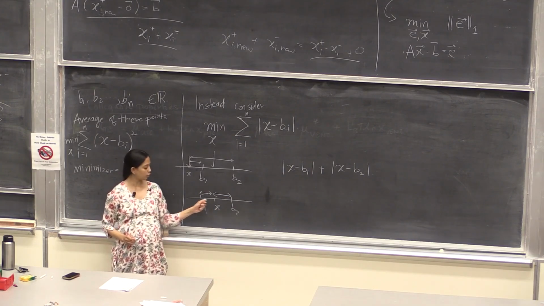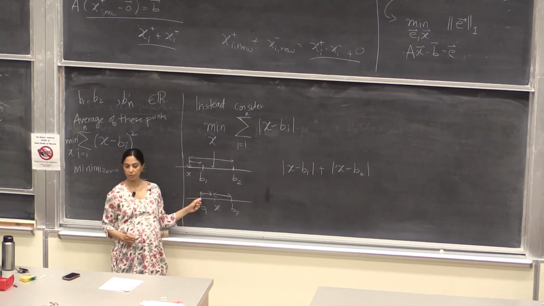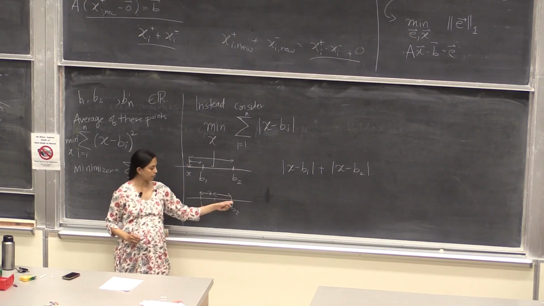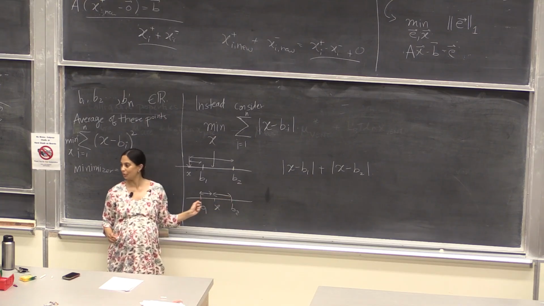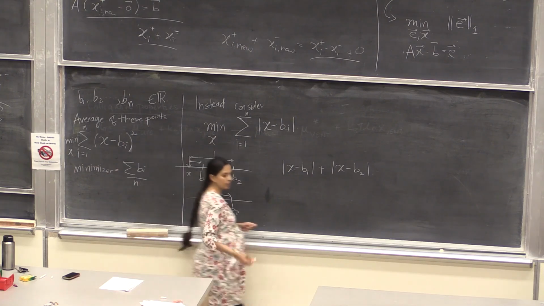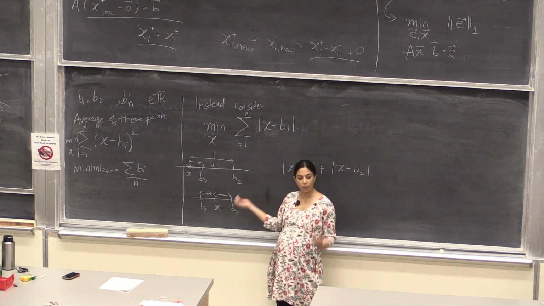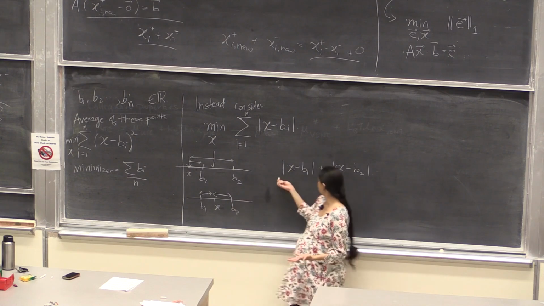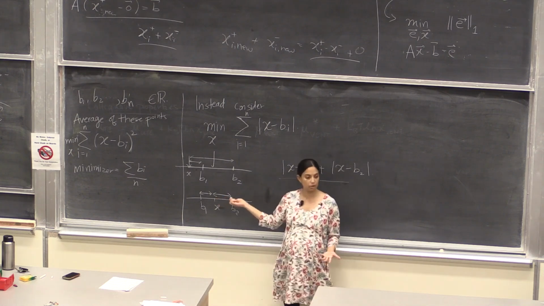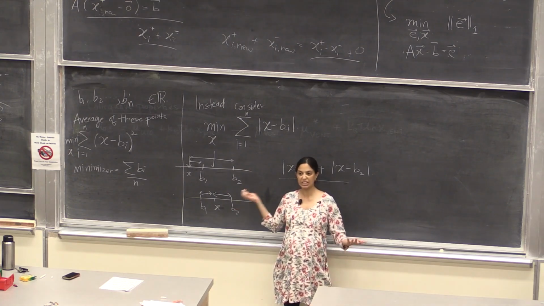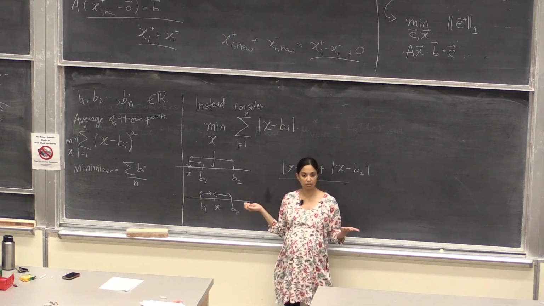No matter where I choose x, if x was equal to b1, this quantity is b2 minus b1. If x was equal to b2, this quantity is b2 minus b1, right? Anywhere in this range, I always have the value of this term to be b2 minus b1. So is there any difference between any of these points? These are all optimizers, right?